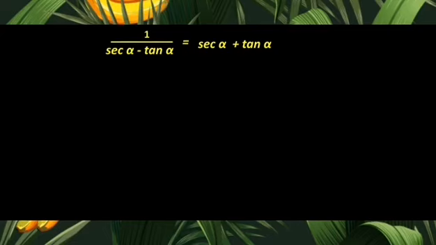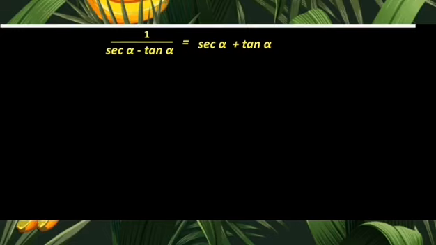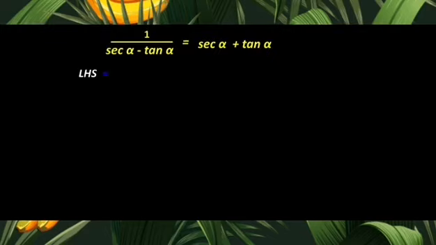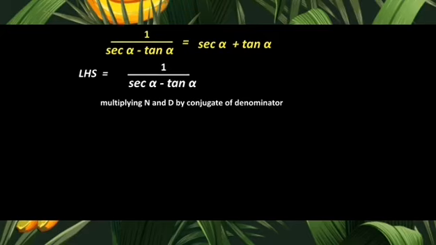When we have conjugate terms, there's one step we need to follow. Write the LHS first, same pattern, and multiply both numerator and denominator by the conjugate. So the conjugate of sec alpha minus tan alpha will be sec alpha plus tan alpha, and mention it.